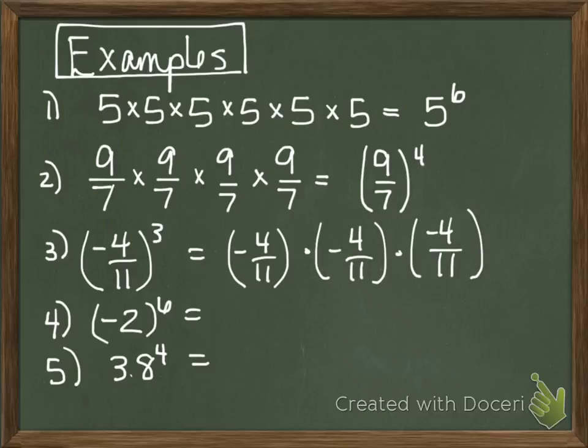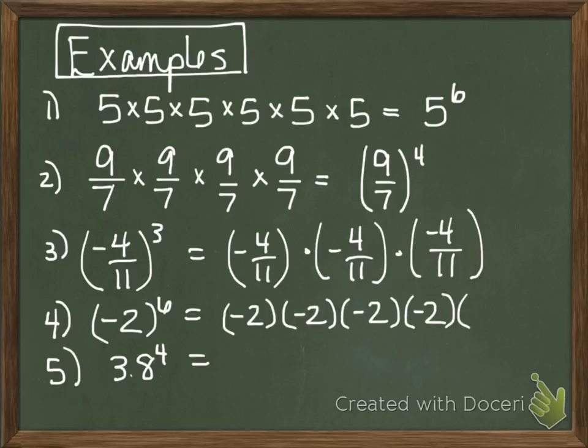Okay, so in number 4, I've got negative 2 to the 6th power. So that would be this base of negative 2 used as a factor 6 times: 1, 2, 3, 4, 5, 6. Okay? So used as a factor 6 times.